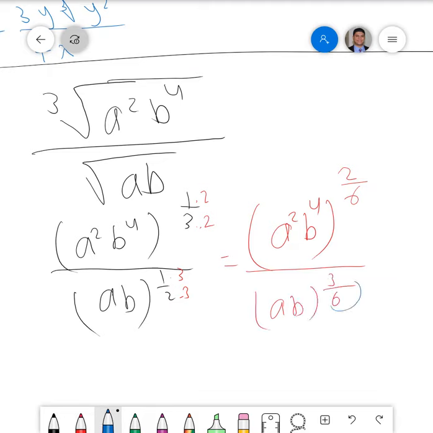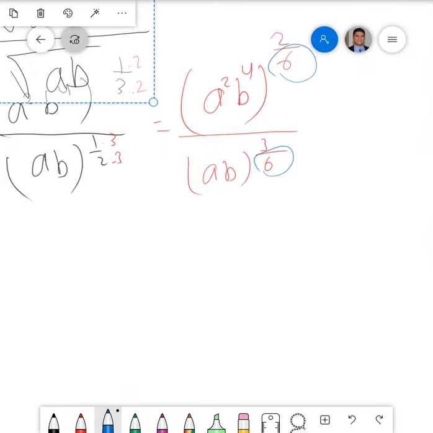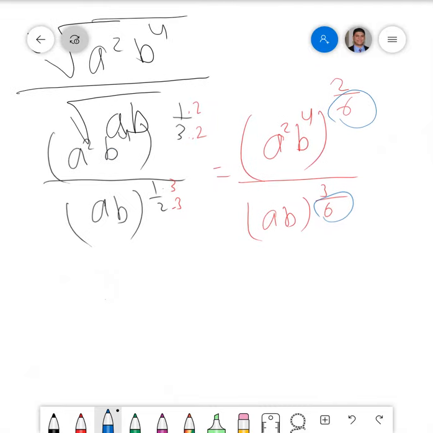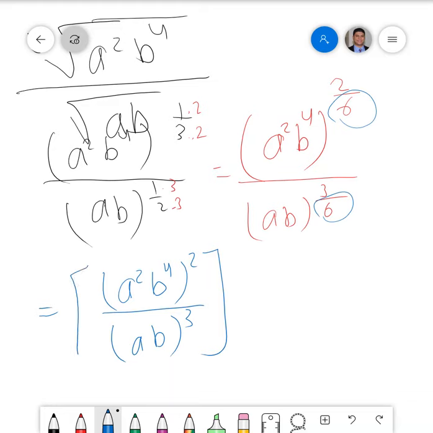Now we have the same denominator, so we can take it as a common factor, equal to a squared b to the power of 4 all to the power of 2 over ab all to the power of 3, all to the power of 1 over 6.